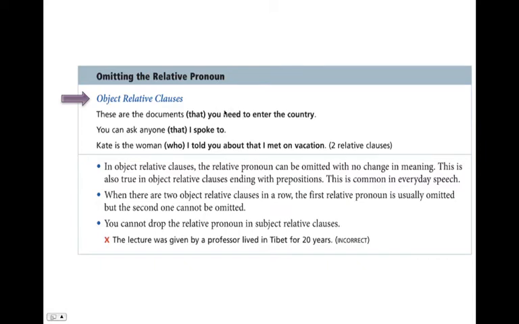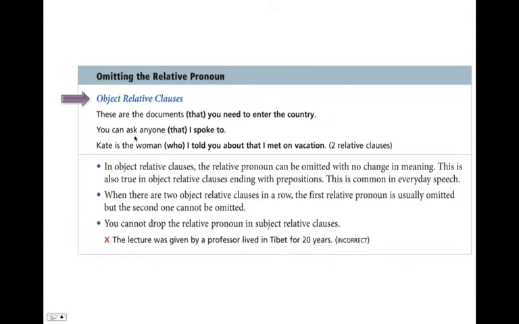You need documents. You need, here's the word that refers back to the word documents. These are the documents that you need to enter the country. Because it's an object, the English grammar rule says you can omit this. You can write, these are the documents you need to enter the country.